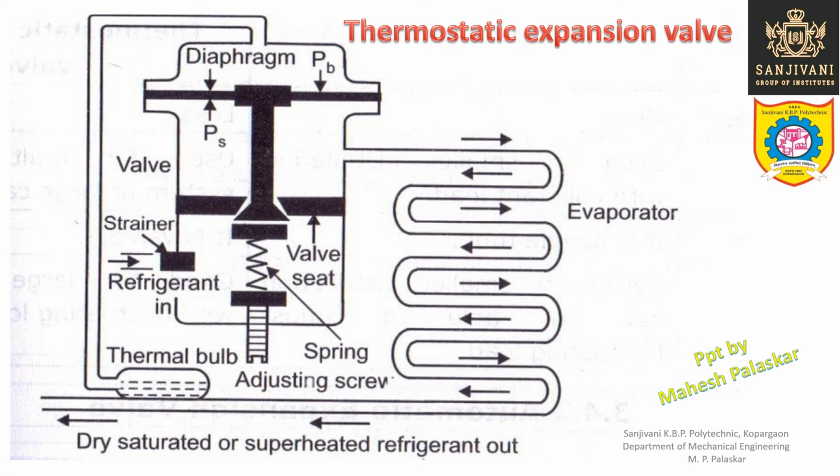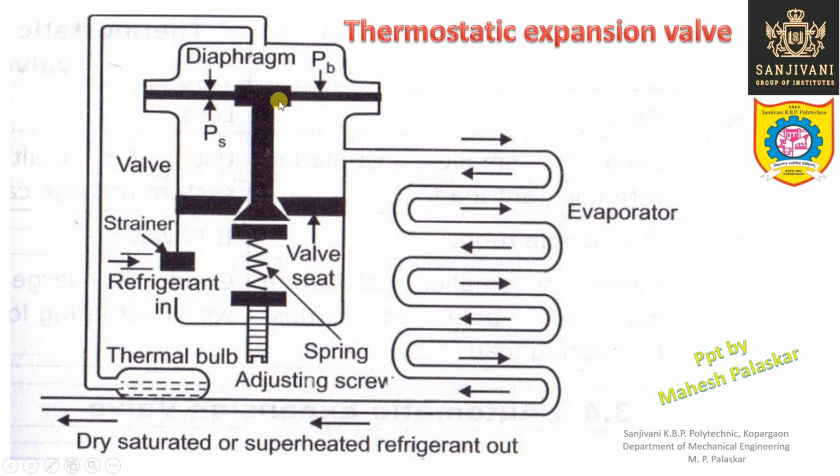As per the working of the thermostatic expansion valve, whenever the temperature of the refrigerant which is leaving the evaporator increases, that will increase the temperature and pressure of the fluid which is present in the thermal bulb, and due to that force will be acting in the downward direction on this particular diaphragm.